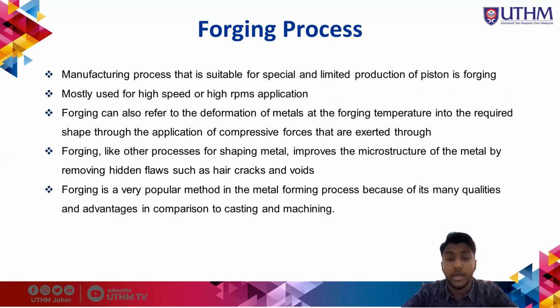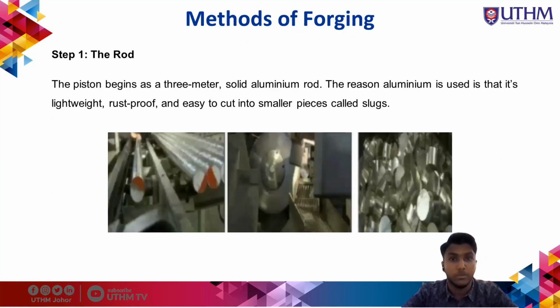Forging, like other processes for shaping metals, improves the microstructure of a metal by removing hidden flaws such as hairline cracks and voids. Forging is a very popular method in the metal forming process because of its many quality advantages compared to casting and machining. So this is the method of forging.